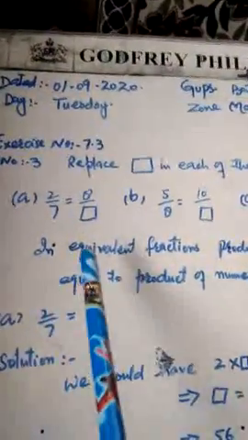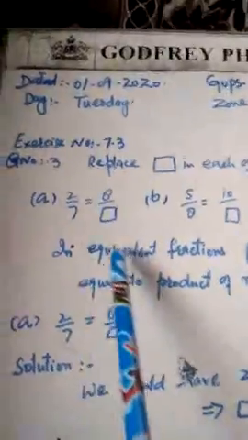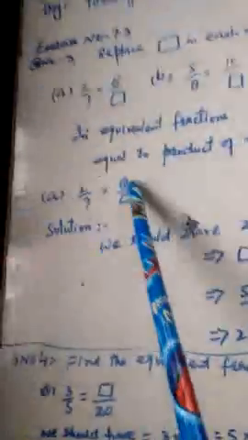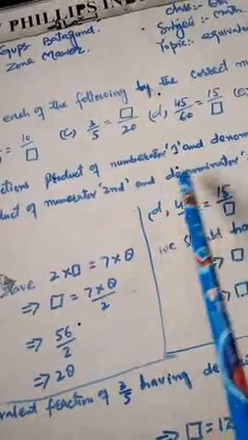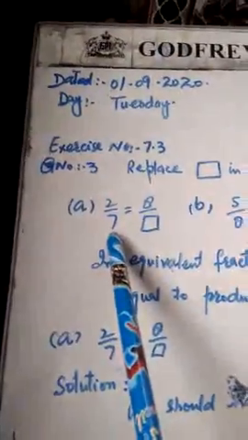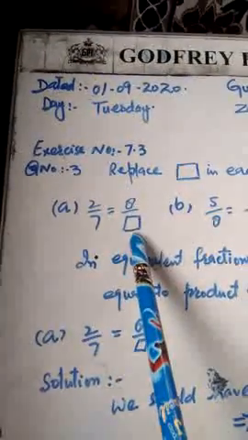Before solving this, we should know a rule: in equivalent fractions, the product of the numerator of the first and the denominator of the second is equal to the product of the numerator of the second and the denominator of the first. Dear guys, here is the first fraction and here is the second fraction.